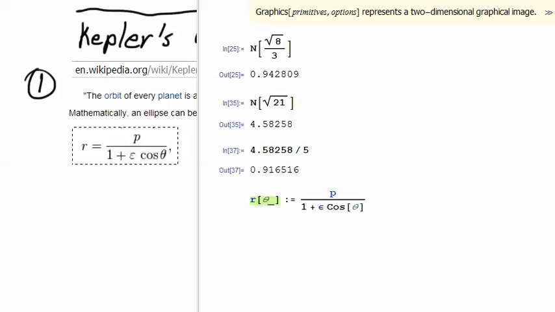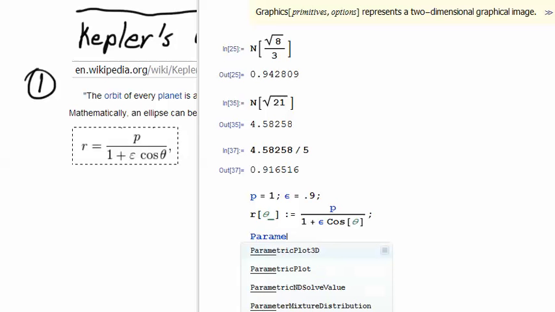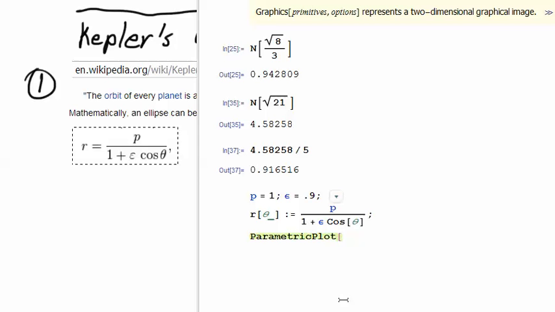That's going to take too long to show you every step of, but let's set p equal to 1 and epsilon equal to 0.9, and the way I'm going to graph this is with a parametric plot of r cosine of theta and r sine of theta.